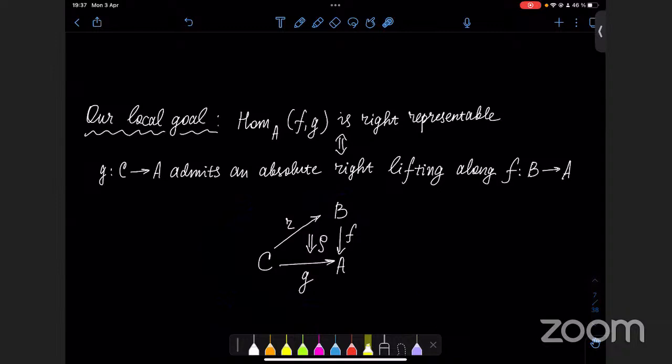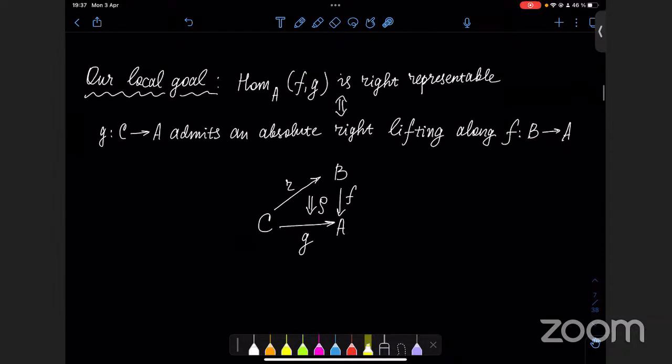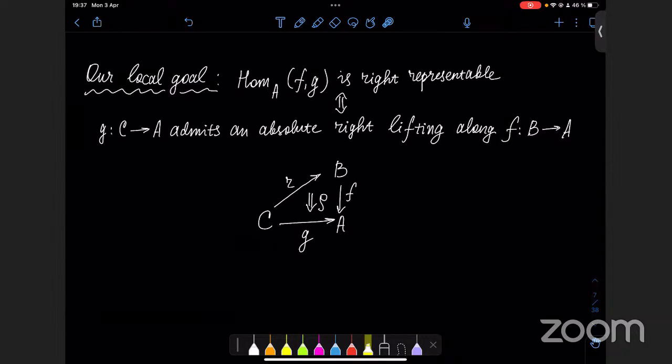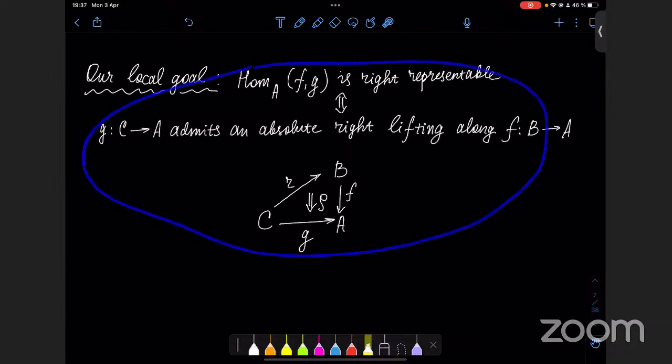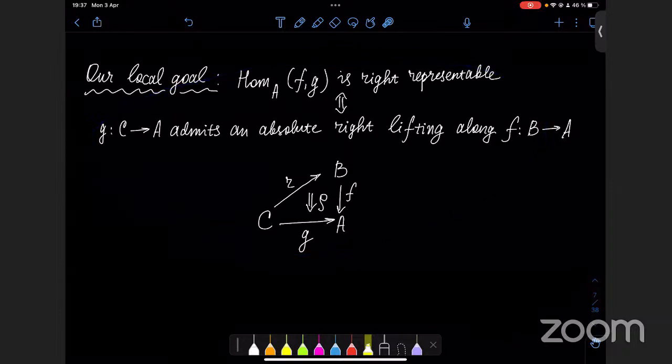So there is a relationship between the notion of absolute right lifting diagrams and the notion of hom objects in an infinity category. Our goal is to establish this equivalence.